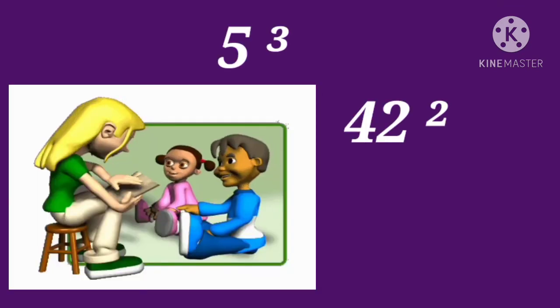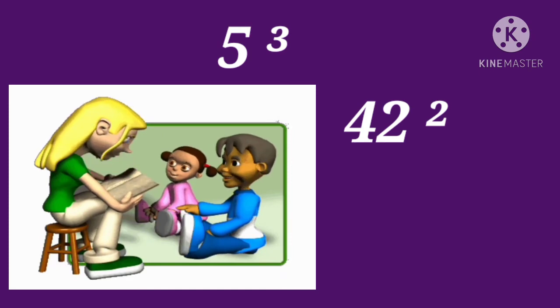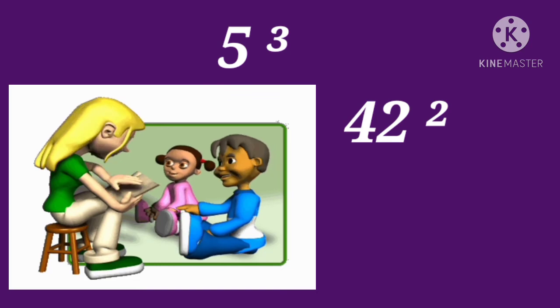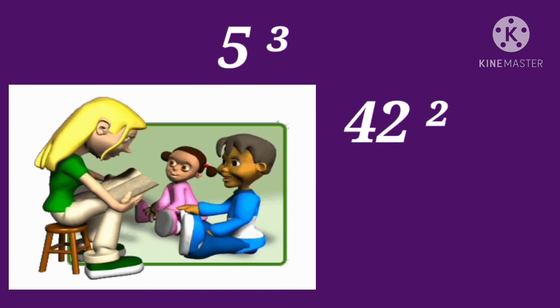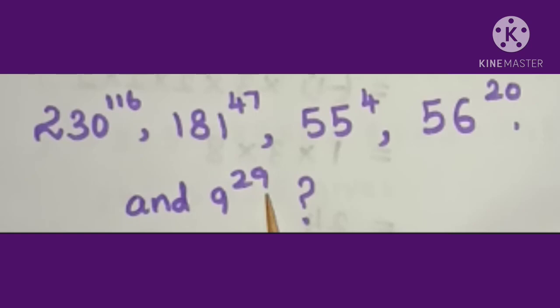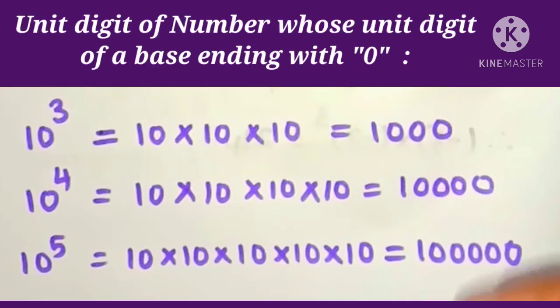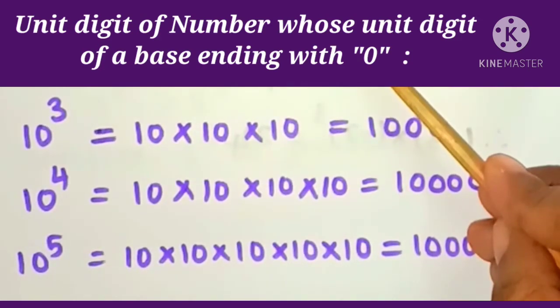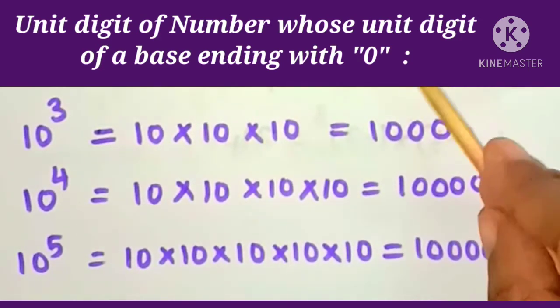Students, it is very easy to find the unit digit of numbers in exponential form when the exponents are less than 5. For large exponents and bases, it is very difficult to find by expanding the exponential form. But we can try to tell the unit digit by observing some patterns.